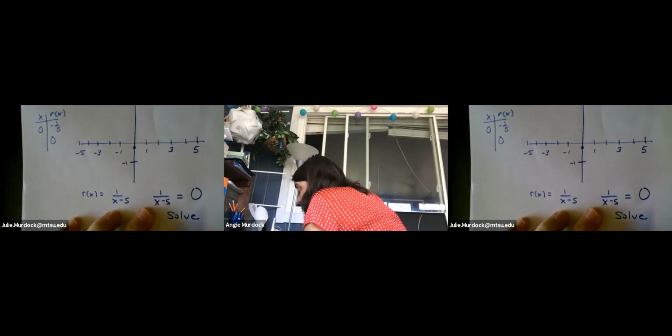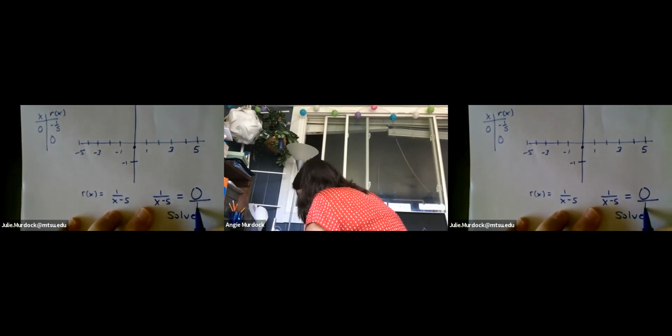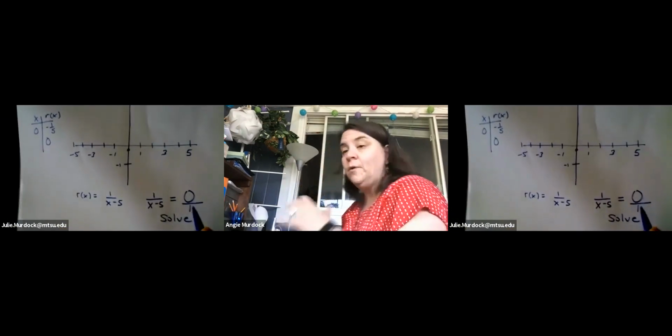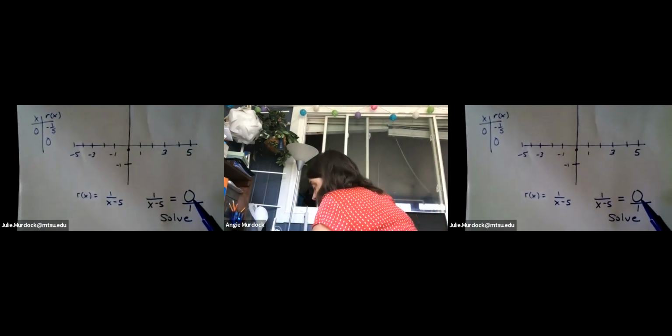I might suggest to my students to put the whole number 0 over 1 and notice, there's 2 things you could do. Number 1, you could cross multiply and rewrite. And you'll notice that if I cross multiply along the first diagonal, I get 0. If I cross multiply along the second diagonal, I get 1.